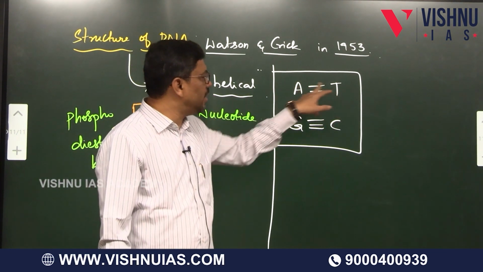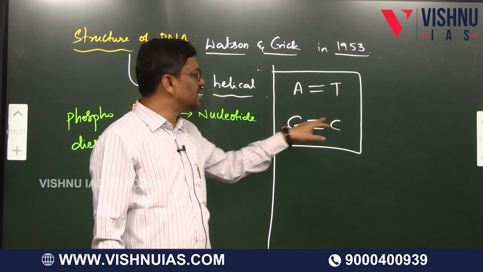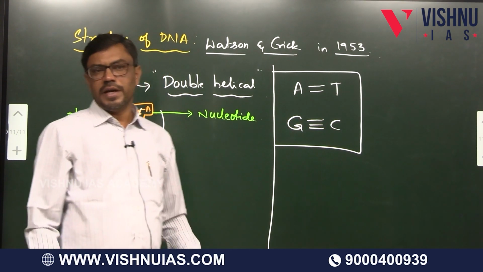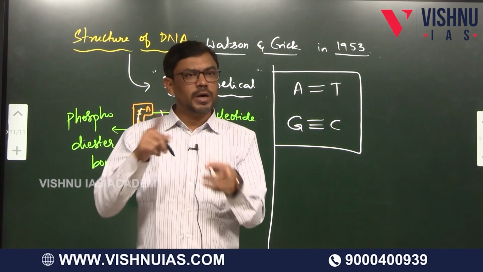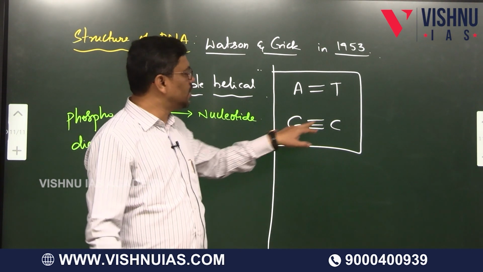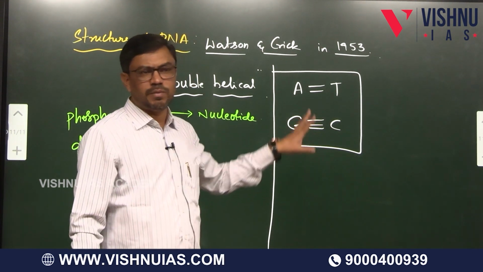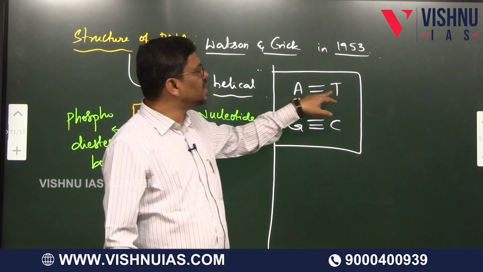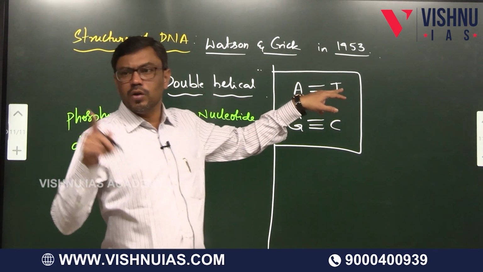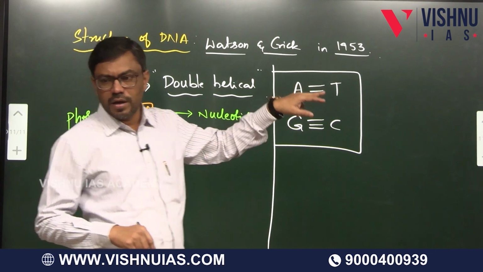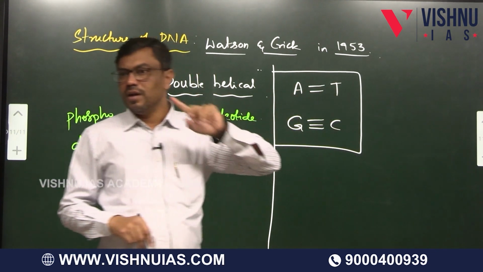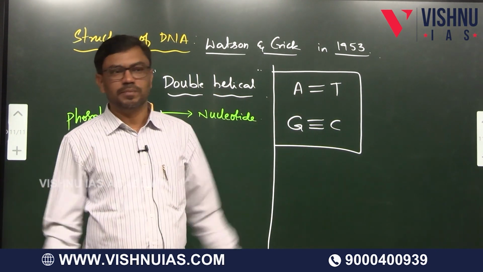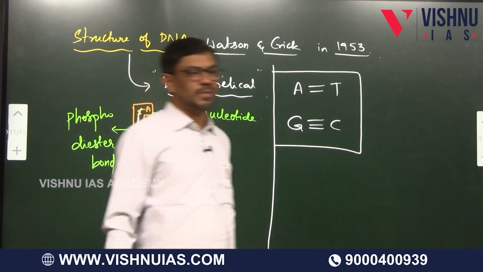A double bond T or T double bond A, G triple bond C or C triple bond G. In a similar manner, in place of thymine in RNA you will get uracil, that you have to remember. This is called complementary base pairing.